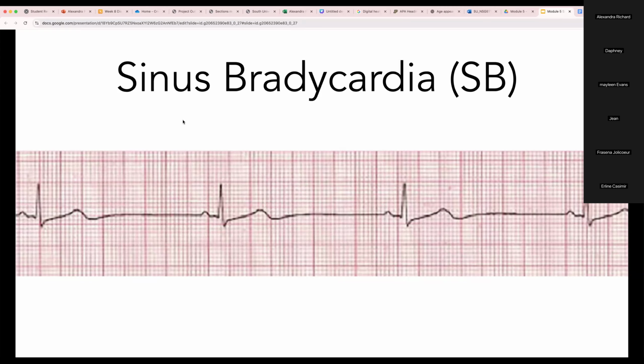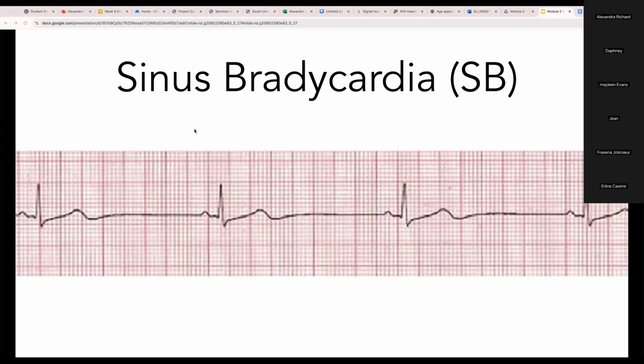And what is the name of the drug we would use to treat symptomatic bradycardia? Atropine. Very good. Not magnesium. What we use to treat symptomatic bradycardia is atropine.